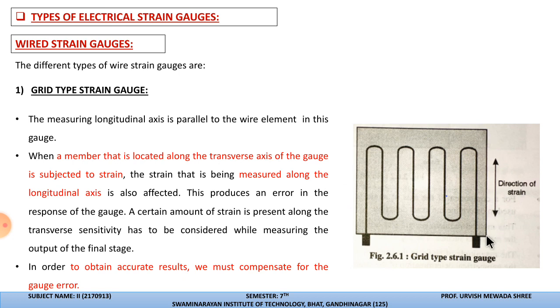Now when any object is located along the transverse axis, perpendicular to the direction of the strain, the measurement along the longitudinal axis is affected, and this will produce an error.